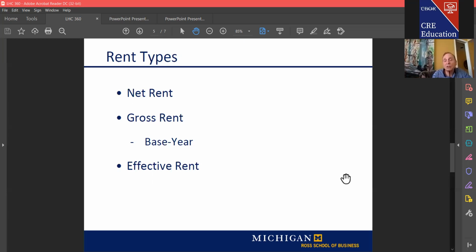Gross rent, we've mentioned. That's including everything except electric usually. There's a base year. We'll talk about a base year if we have time to get to lease auditing, where the landlord says, okay, this is the 17th, 18th of August, and the tenant's going to sign the lease. I'm working with one right now. We're going to start the rent October 1st. The landlord's going to say your base year is 2021, so the landlord's paying for all the costs this year, 2021.